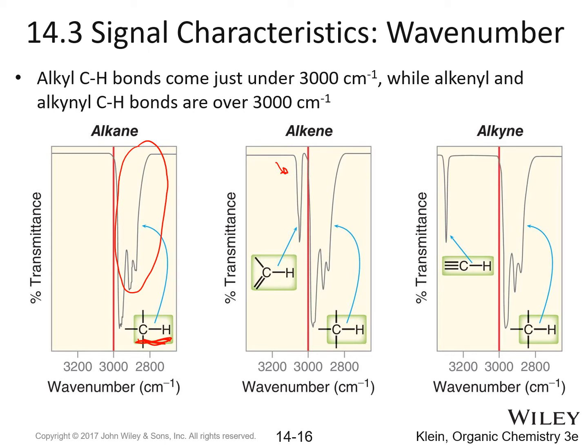For a carbon-hydrogen bond that involves an sp2 hybridized carbon, we're going to have that peak a little bit higher because that's a stronger bond with more s character in the hybrid orbital. And if we move to our carbon-hydrogen bond in which our carbon is sp hybridized, that has the most s character, and it will be even higher in wave number.